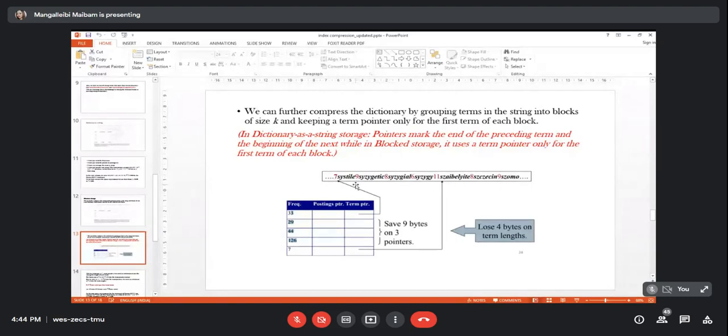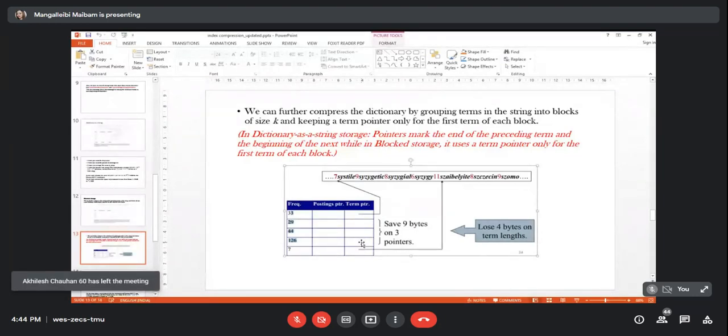The same thing is written down here, and the term pointer we are giving here, and since we don't give a term pointer for the second word, the third word, and the fourth word, we don't give any term pointers. Initially, for each term pointer there are 3 bytes, right? So around 9 bytes we saved in block storage.